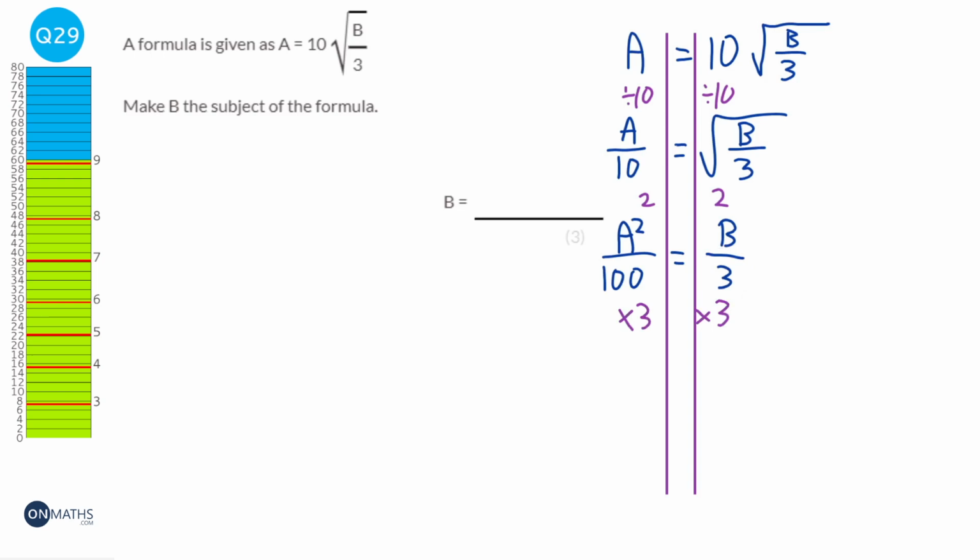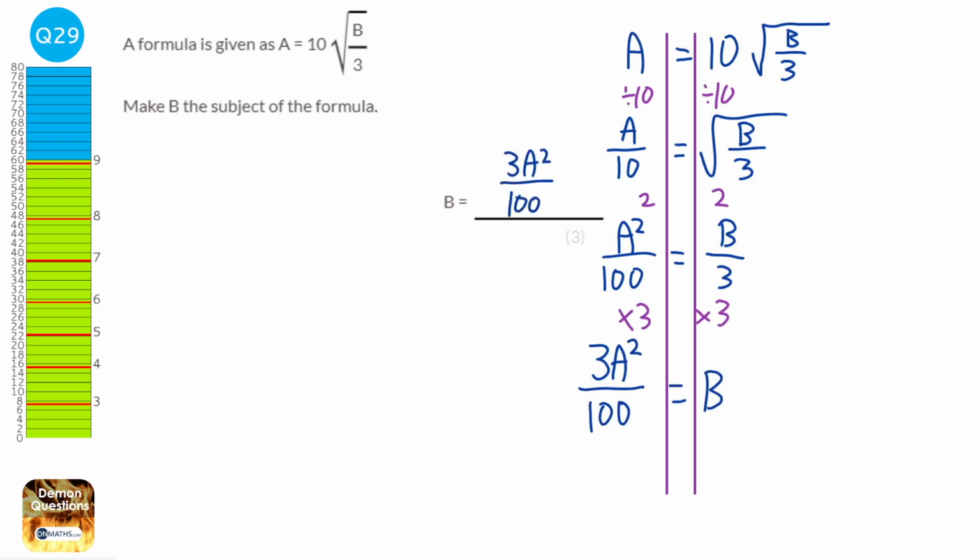To get rid of a divide by 3, we times both sides by 3. Now with a fraction, when you times it by something, you actually just times the numerator, the top, by that. So it's going to be 3a squared over 100 equals b. So b is 3a squared over 100.